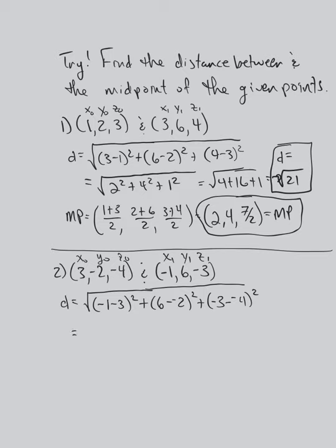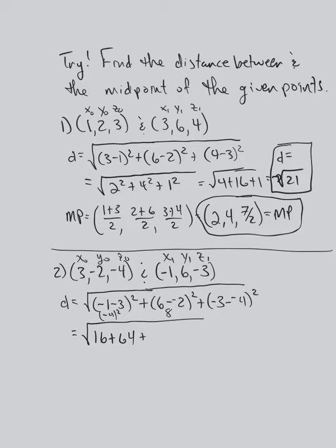So -1 minus 3 is -4. Then I square it, I get positive 16. So this is -4 squared. Remember to square that negative. Then we have 6 minus -2, that's actually 8 squared, so that's going to be 64.